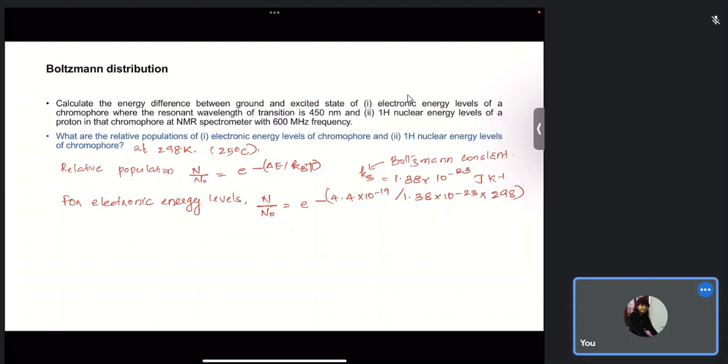When you do the calculation, it will come down to 3.39 into 10 to the power minus 47.